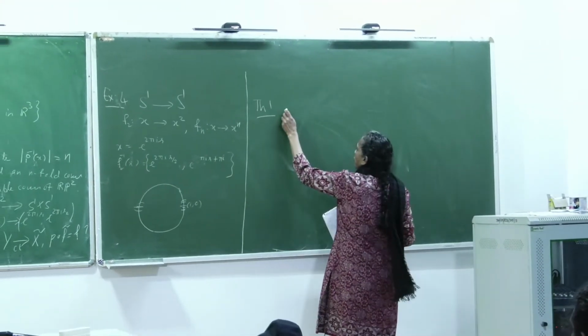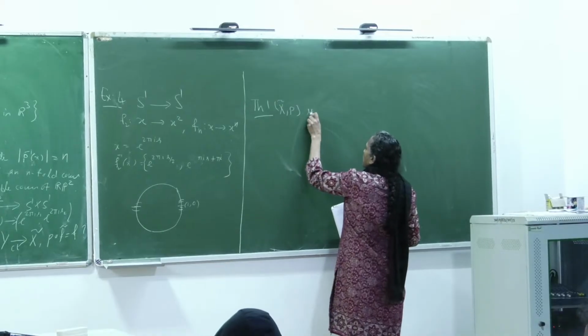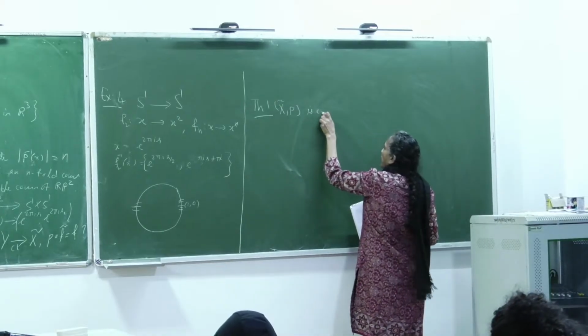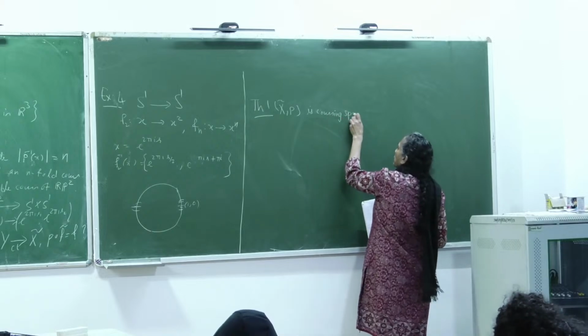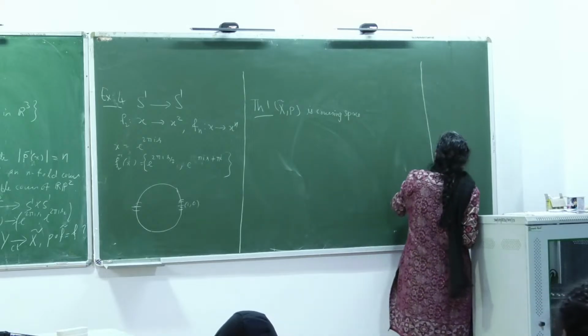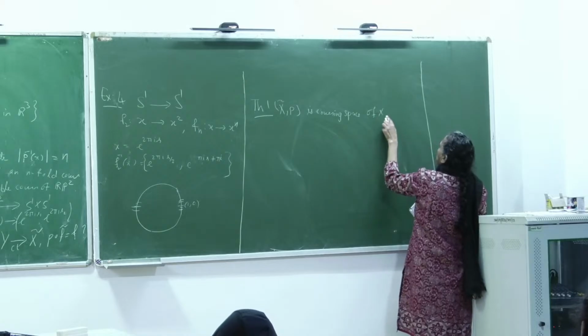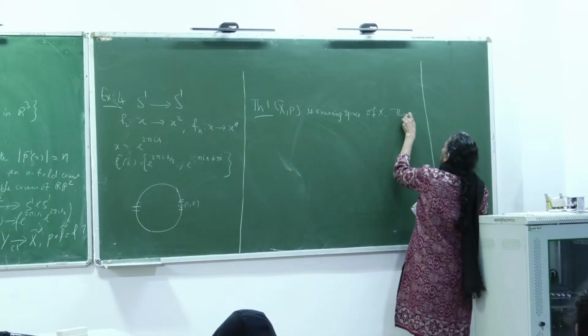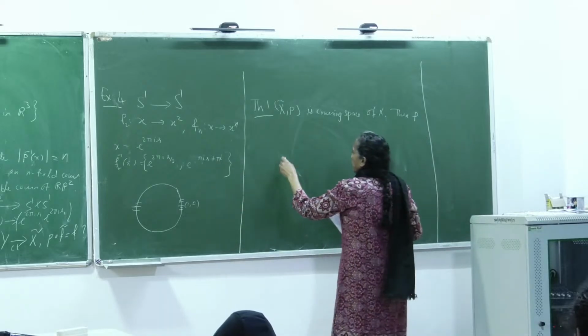So theorem 1, first of all, says that if x tilde, p is a covering space of x, then p is open. It's very easy to prove using this admissible neighborhood.